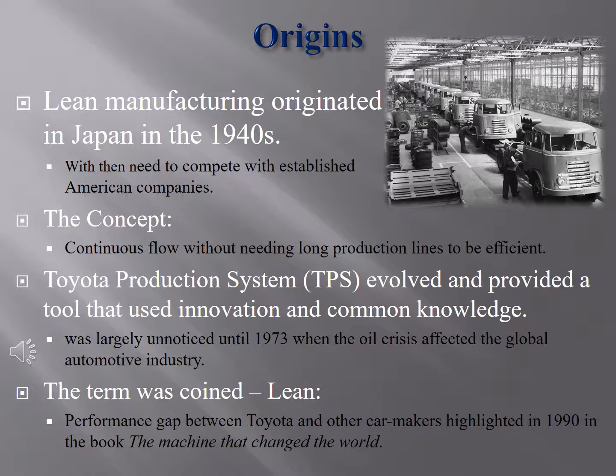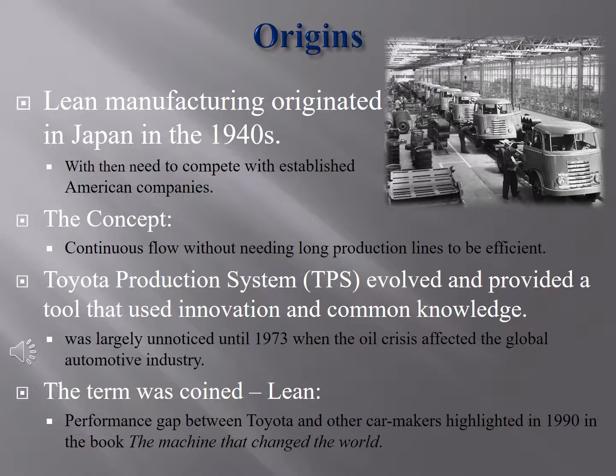Only in 1965, when the system was rolled out to Toyota suppliers, did the TPS begin to be documented. And it was largely unnoticed until 1973 when the oil crisis affected the global automotive industry. The performance gaps between Toyota and other car makers were highlighted in 1990 in the book The Machine That Changed the World, in which the term lean production was coined.